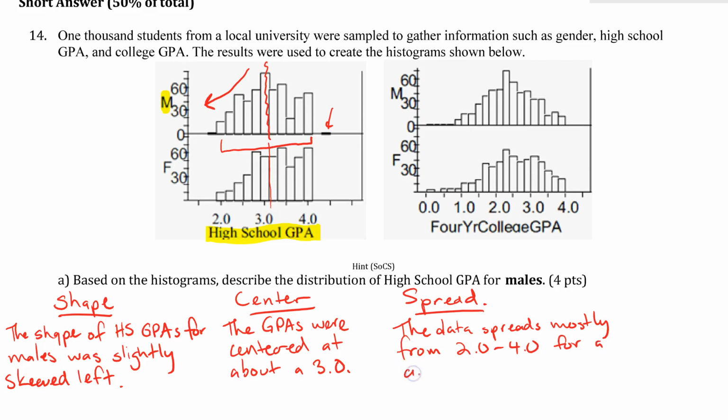So a range of 4 minus 2 would be 2. And there we go. You didn't have to actually use the range as long as we know that we're talking about spread in some case. If we have all three of those things and it's well written, then that would have been the points that we needed.